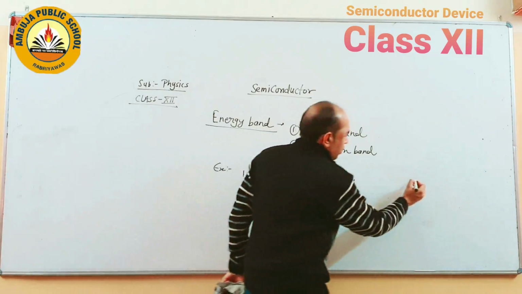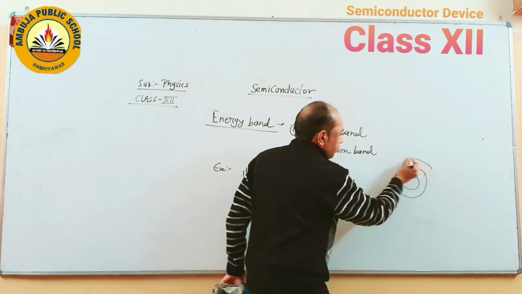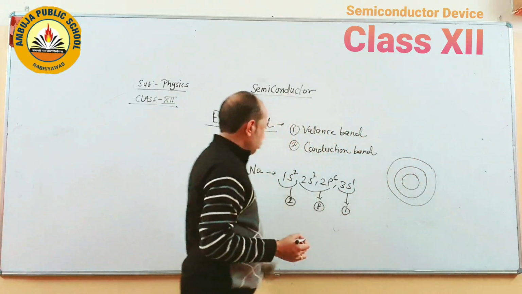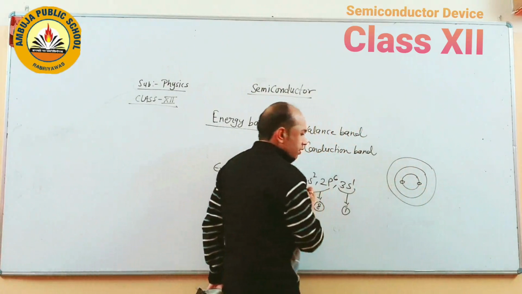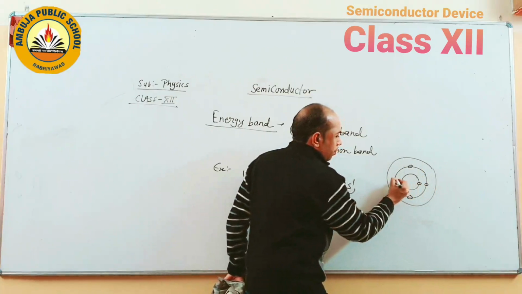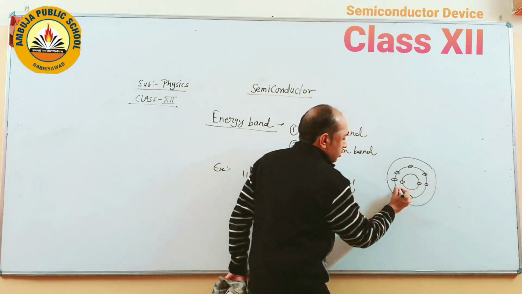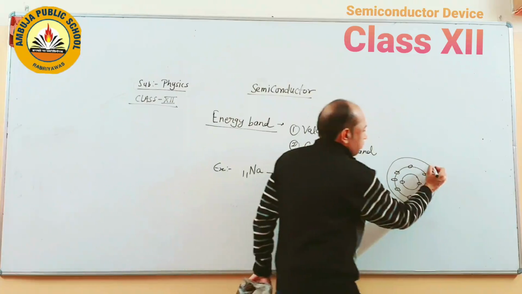If we draw their configuration, in the first shell we have only 2 electrons. In the second shell we have 8 electrons, 1, 2, 3, 4, 5, 6, 7 and 8. And in the outermost we have only 1 electron.